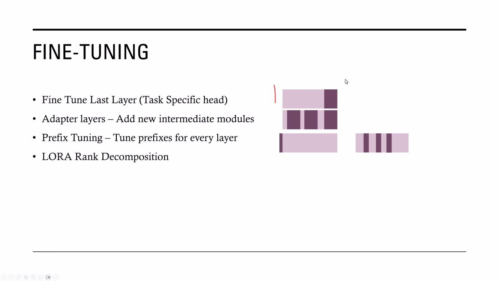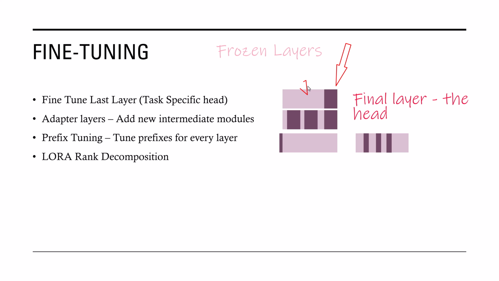This one here is a fine-tuning approach where only the output layer of a pre-trained model is modified and trained for a specific downstream task, while the rest of the model parameters remain fixed. They remain frozen, unchanged.